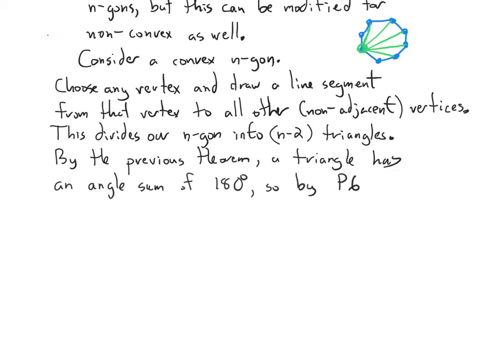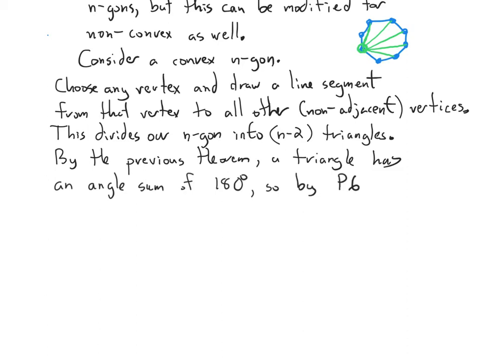Well, all of the angles of the triangles, every single angle, is part of an angle of our N-Gon. So if we add all the angles of the parts of the triangles, we get the entire sum of the angles of our N-Gon.